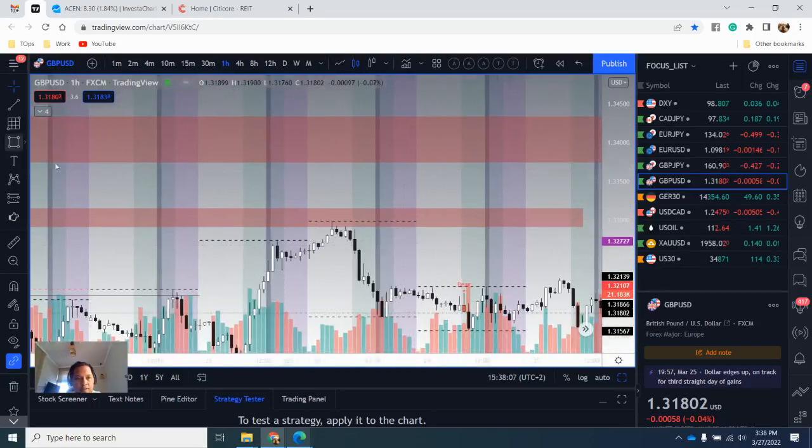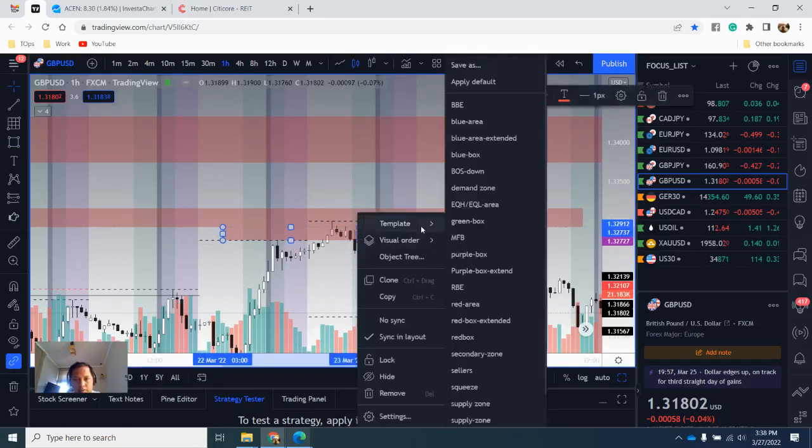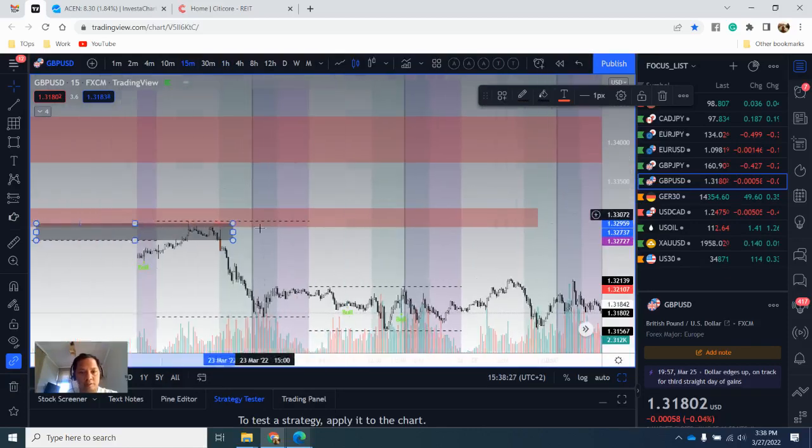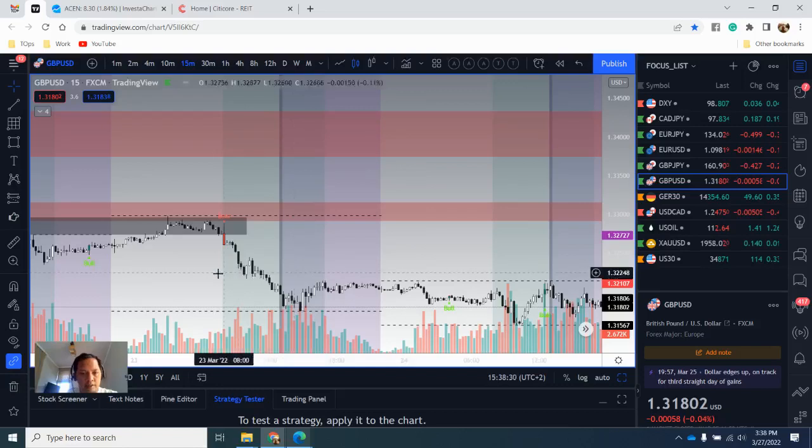Also at the same time, this area is actually liquidity. This is the previous high of the day, and that's one of my playbook trades, hunting for the previous high and low. And if we focus on this area, you'll see at 15 minutes a much finer, refined opportunity.